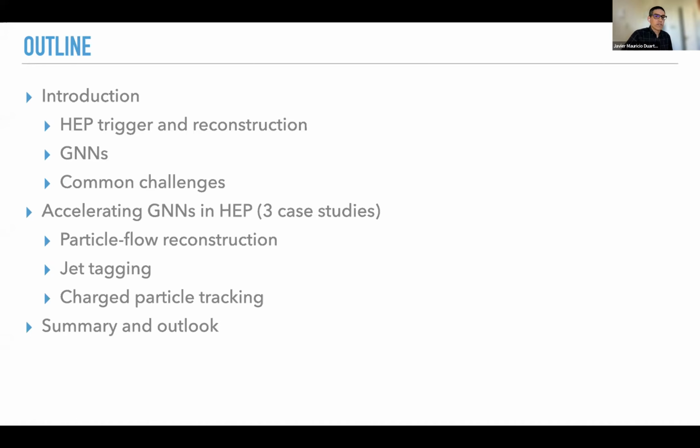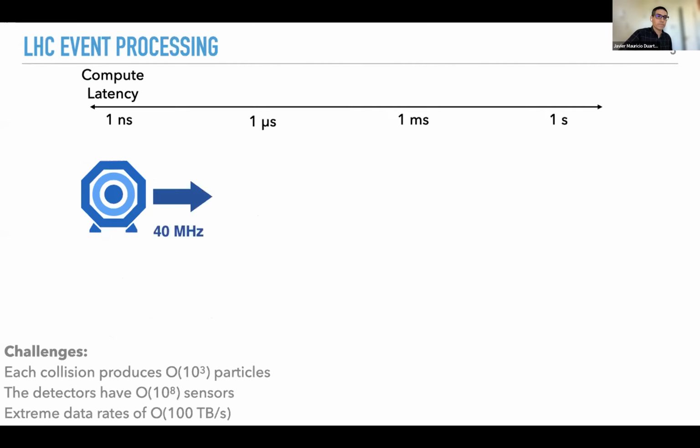Then I'll go into three different use cases or case studies for accelerating these graph neural networks. I know that the theme of the conference is tracking, but I went a little bit broader into different applications. Starting with graph neural networks for particle flow reconstruction, then jet tagging, and finally charged particle tracking. And then I'll try to summarize everything.